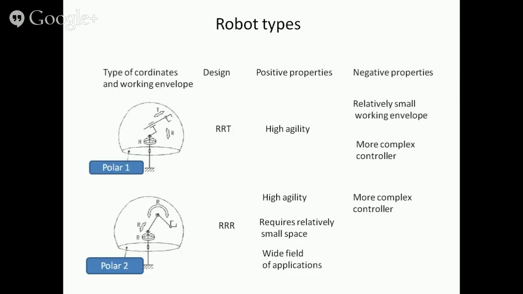Negative, from the cost point of view, is a more complex controller and a lesser accuracy. This type of robot is called a vertical articulated arm robot, a VAA robot. It's one of the most widely used robots.